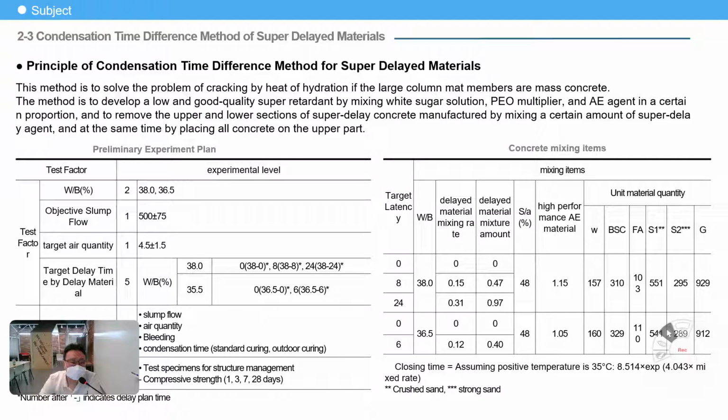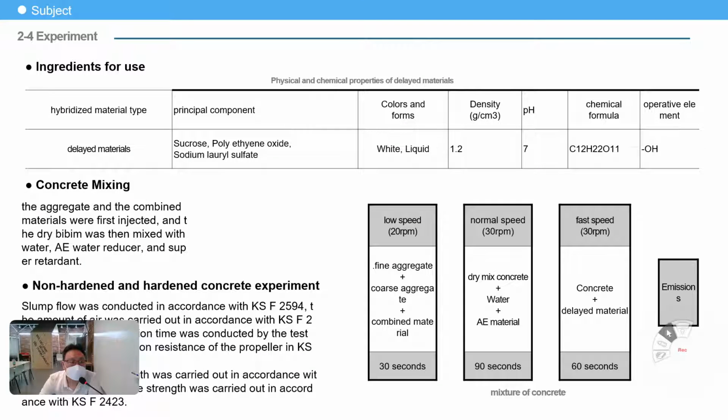This table is the preliminary experiment frame. The right table is the concrete mixing design: test bed, target retardation, water, wind, delayed material mix, and so on. Ingredients for use are in this table.